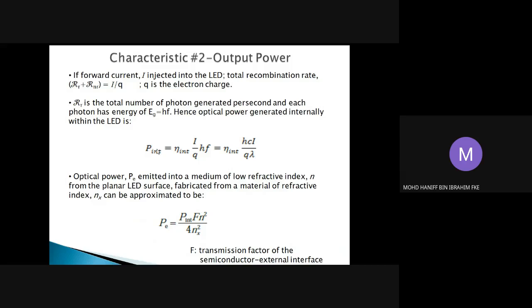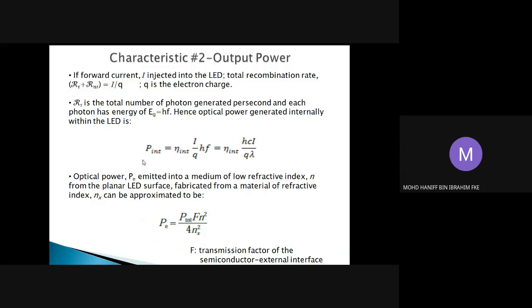From this internal optical power, we can then calculate the optical power PE emitted by the LED. These are two different things: P internal is the internal power generated by the LED, whereas PE is the power emitted by the LED. The emitted power is a portion of the internal power.